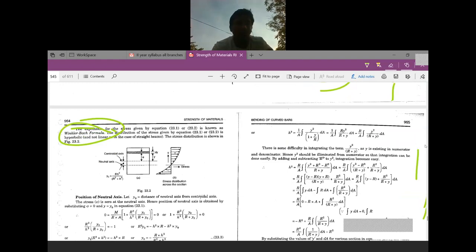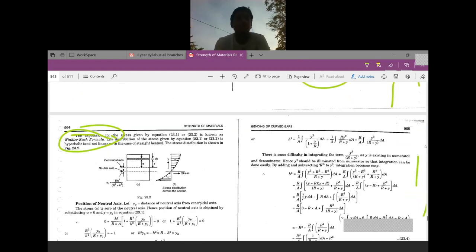This formula is known as Winkler's Bach formula. Understand? This formula is nothing but Winkler's Bach formula.